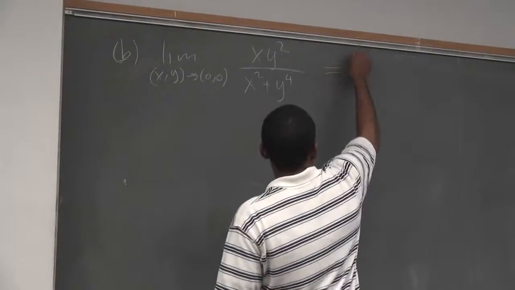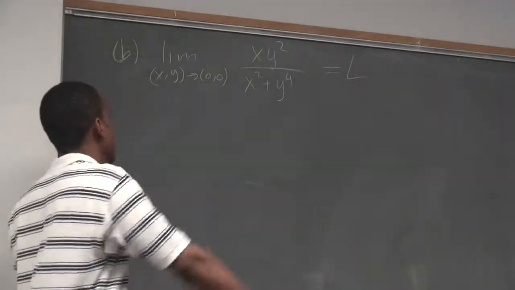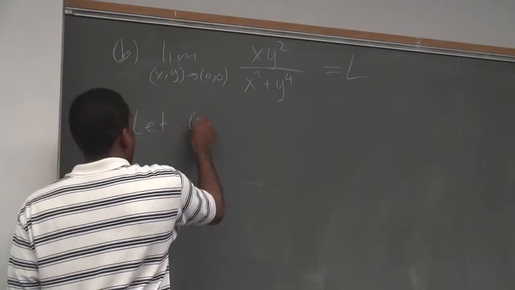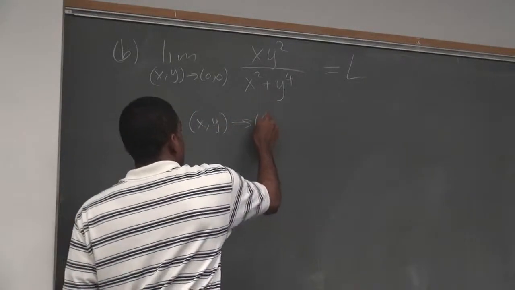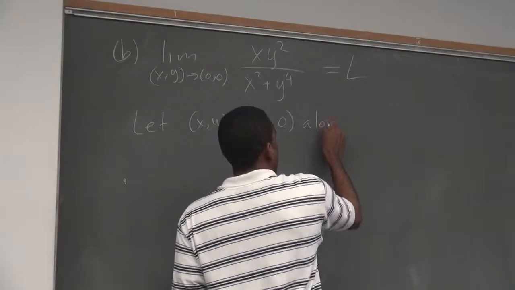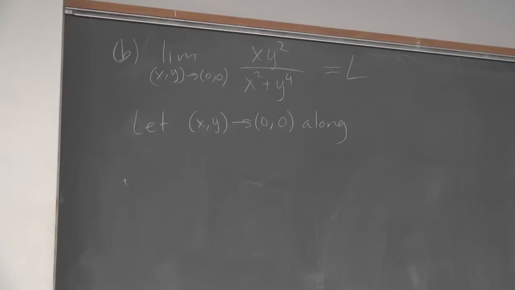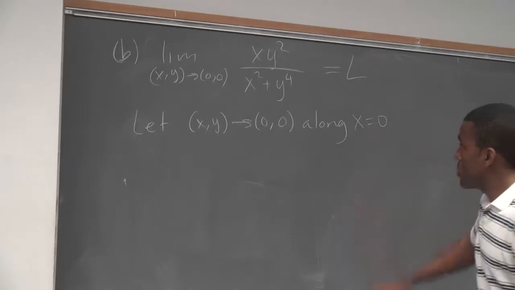So, call this L. What's the first point you want to pick? You go along x equals 0.